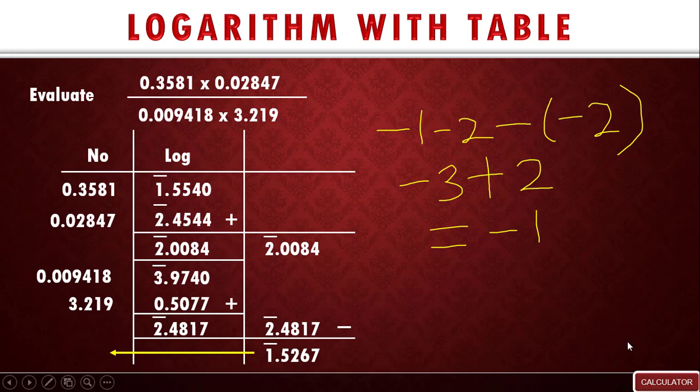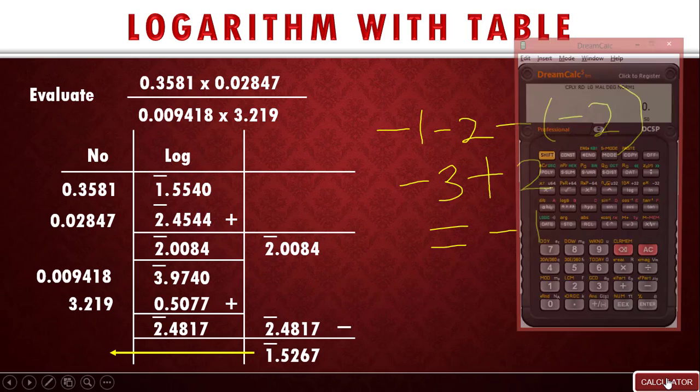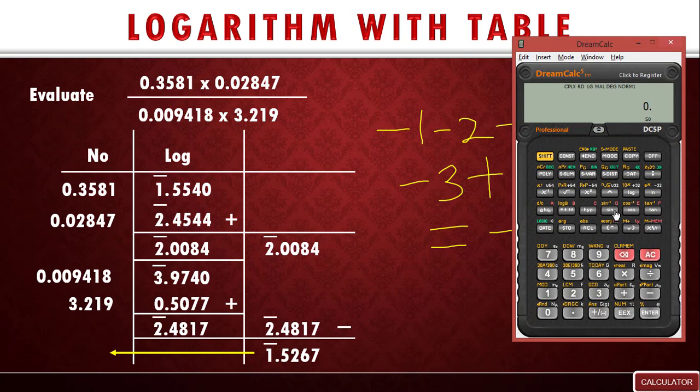So if you're using a calculator like me, let's try to do it together. Find your calculator. We're only doing a workaround here. Shift log, that will get you to your antilog, and then press 0.5267. Press equals or enter.